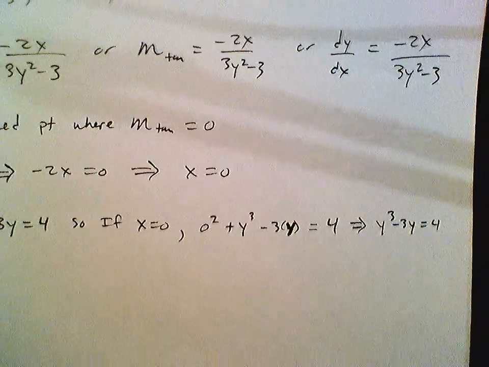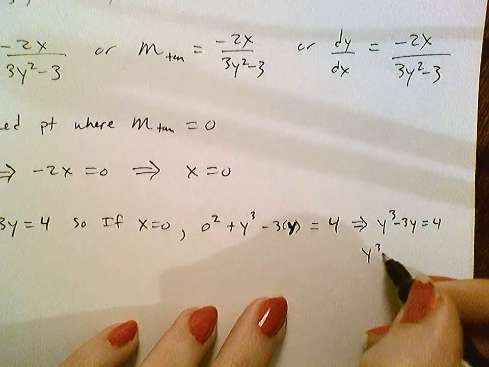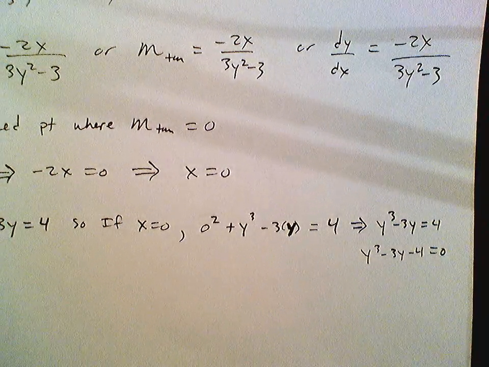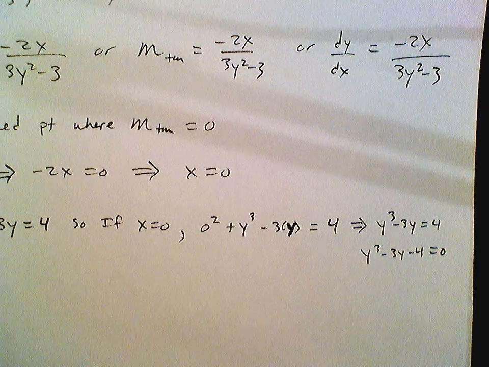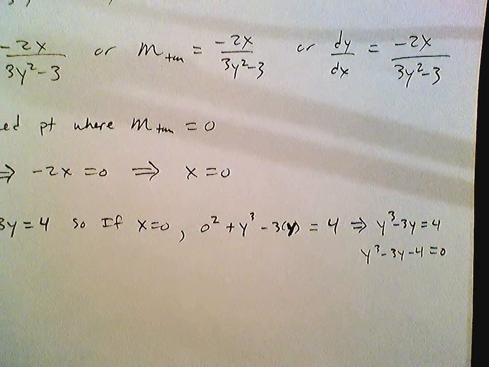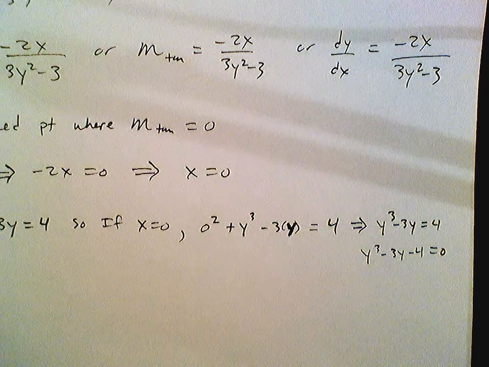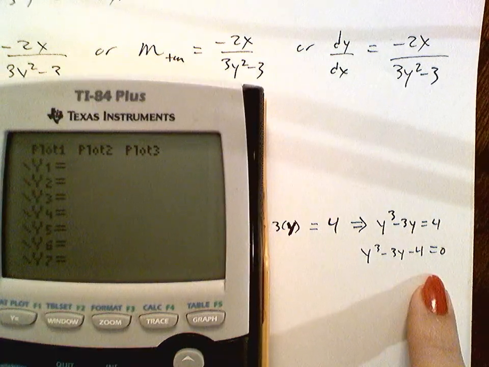All right, so you can try to set this equal to 0, so y to the third minus 3y minus 4 equals 0, but that's not a quadratic, so it's not like you can factor it and solve. So what you actually have to do, and this is going to happen a lot in AP Calc, is use your calculator to find the solution to that.